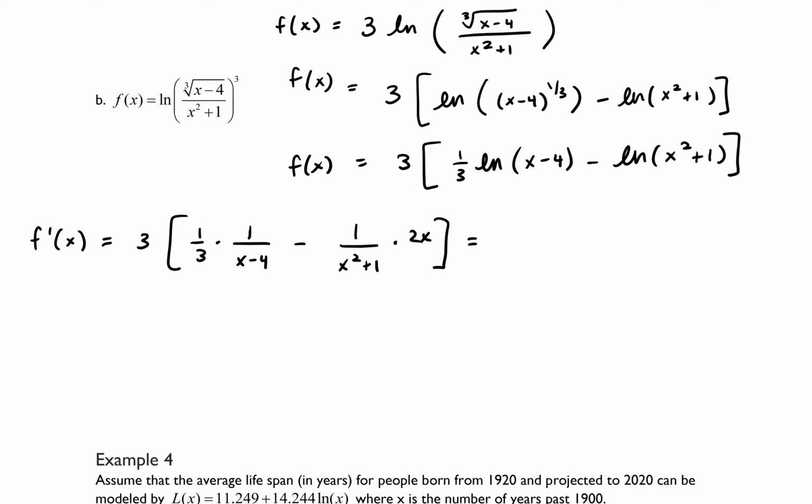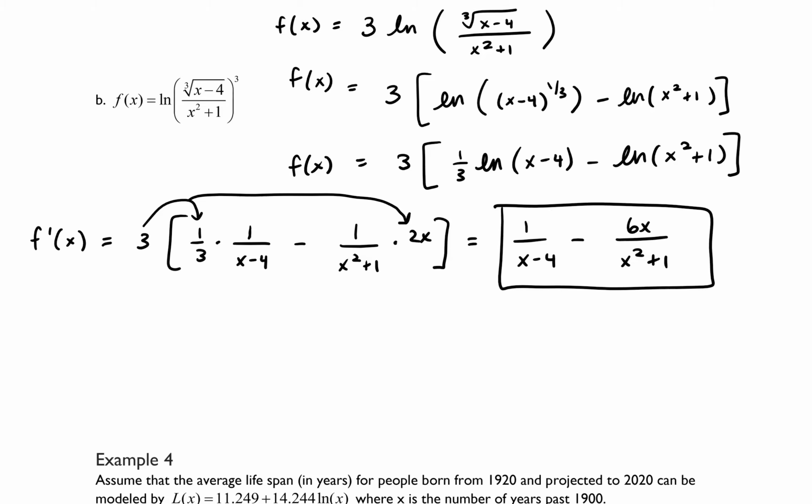And if I distribute the 3 in, the 3 and the 1/3 will cancel out, and then 3 times 2x would be 6x. So we'll have 1 over (x - 4) minus 6x over (x^2 + 1), like that. And you can find a common denominator, or you could just leave it like that.